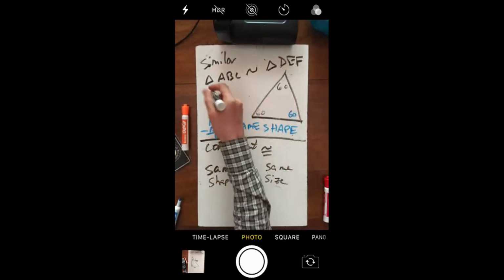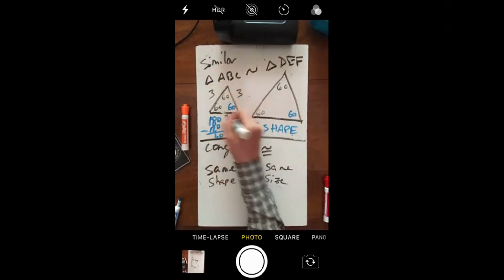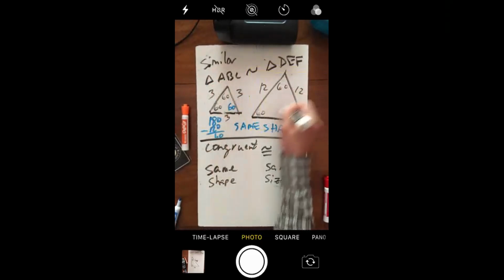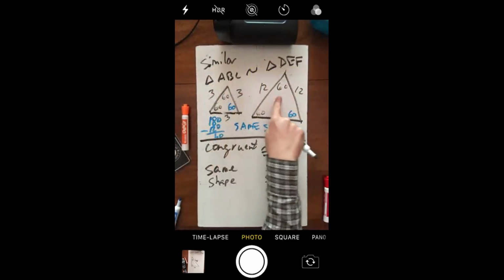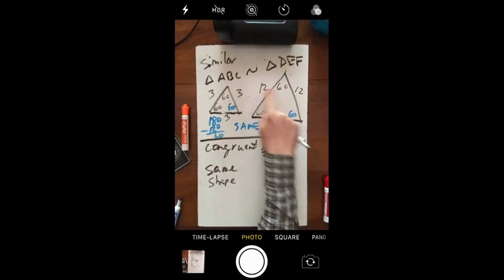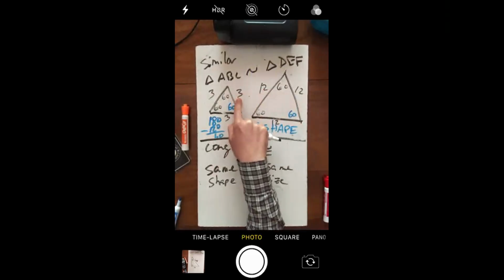So if each of these side lengths were 3, 3, and 3, and each of these side lengths were 12, 12, and 12, then I could see a scale factor going from small to large, which would be multiplied by 4. 3 times 4 is 12. And then to go from large to small, my scale factor would be 1/4, because 12 times 1/4 equals 3.